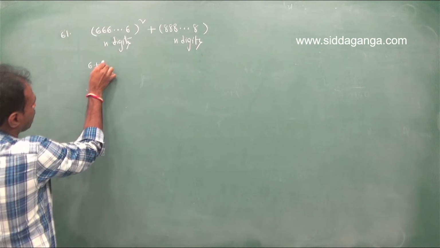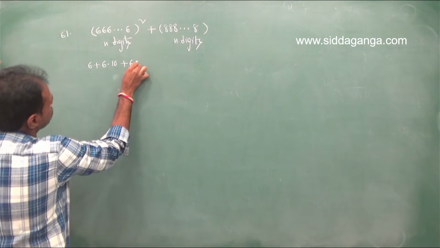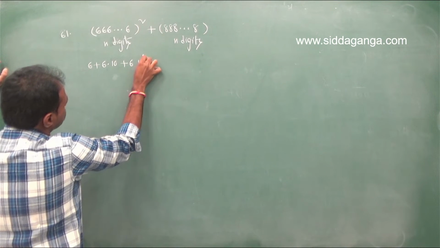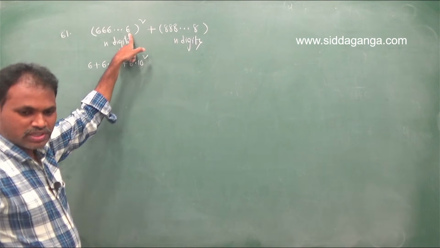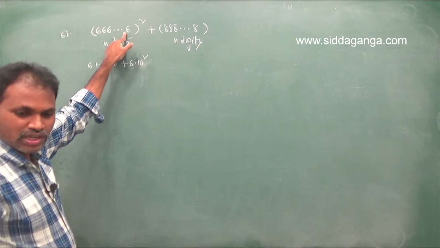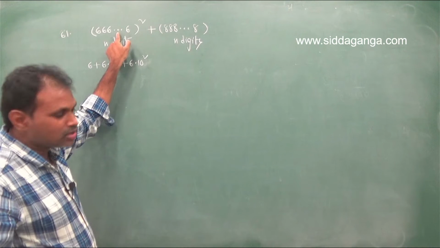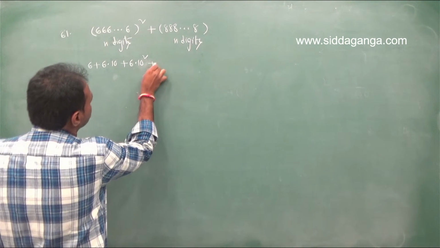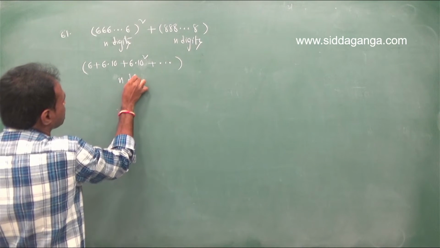Here 6 is in units place, 6 into 1, and the next 6 is in tens place, that is 6 into 10, plus the next 6 is in hundreds place, that is 6 into 10 square, plus so on. Here n digits are there.